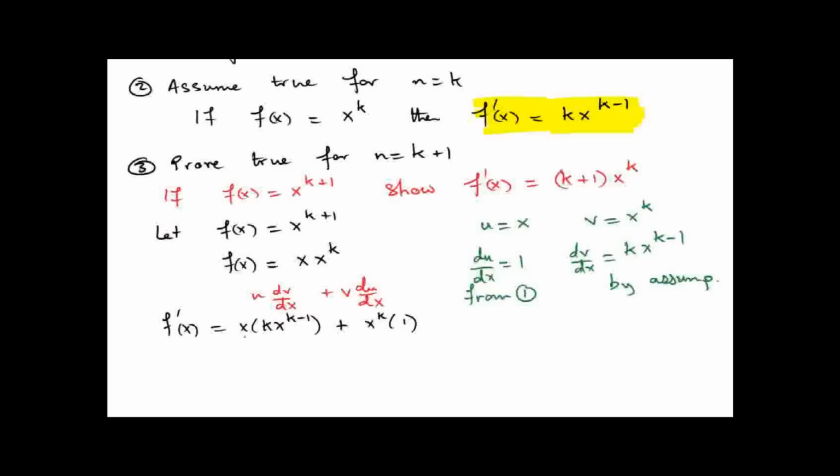Now, what's x multiplied by x to the power of k minus 1? It's x to the power of k. Think about it, it's as if there's a power of 1 here. And multiplication means add the powers. Now what's 1 plus k minus 1? K. Alright, so that's absolutely true. And then over here it's just x to the power of k.